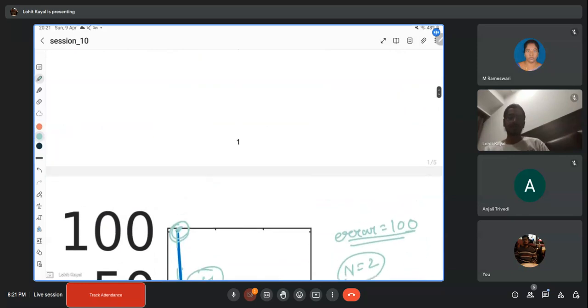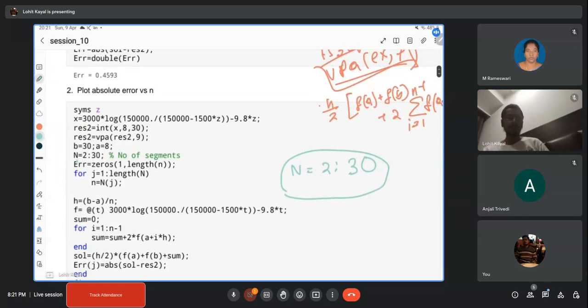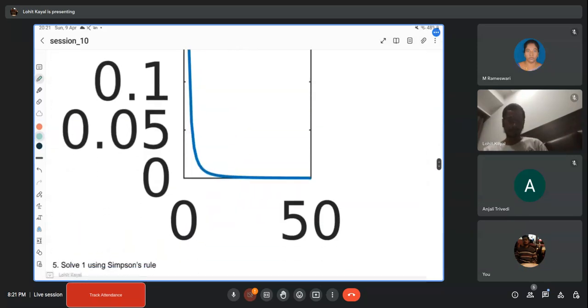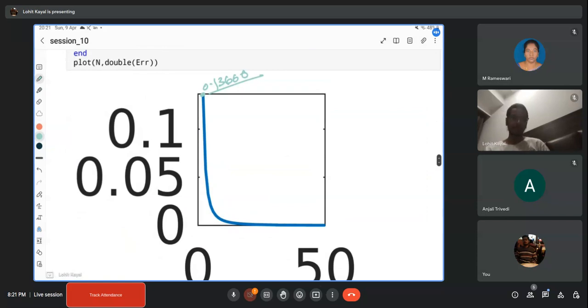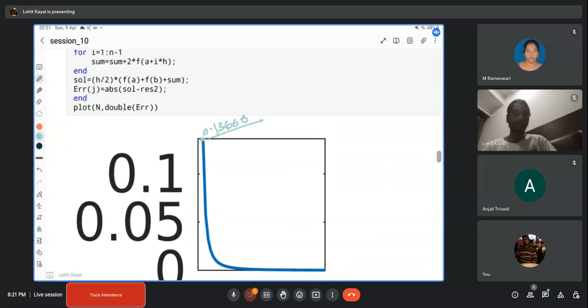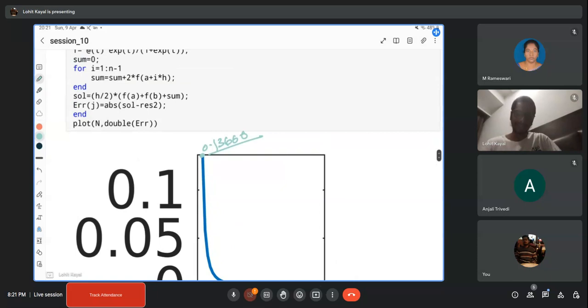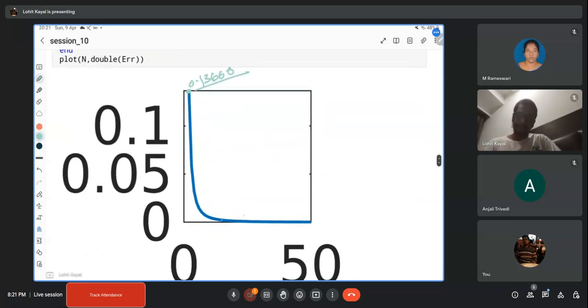Previously, in the last example, the maximum value I had taken was 30. The code is very fast when you do it in MATLAB. You can see that after maybe 25 or 26, there is no significant change in the number. It is almost zero, so we can say that the value is saturated. So we can stop at 25 or 26.